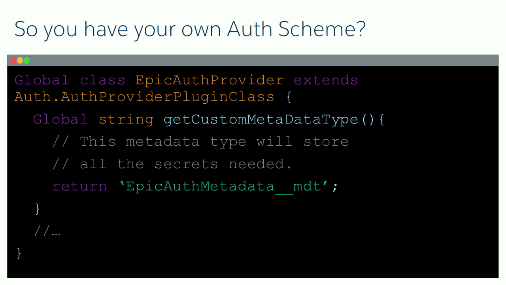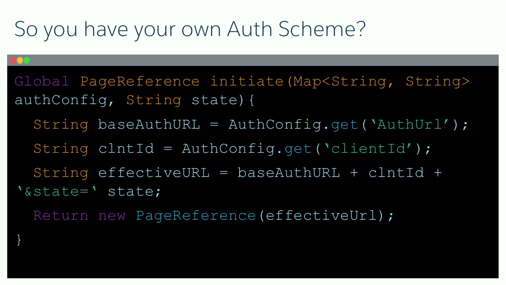Does that make sense? So the first step in setting these up is actually creating a custom metadata type and a couple of records in there. Once you've returned the string there, it's going to go grab all that information and return it to you in every other method as this Map<String, String> authConfig. So whatever your custom metadata type information is, it's going to be passed into all these methods.